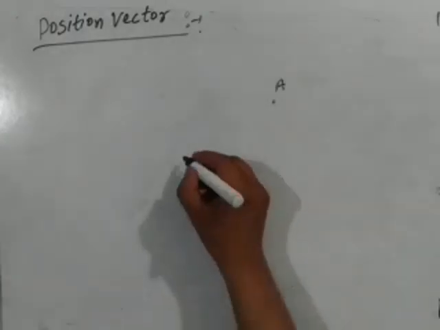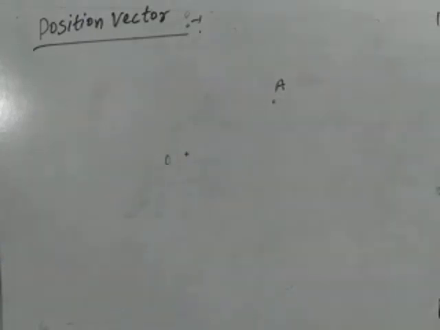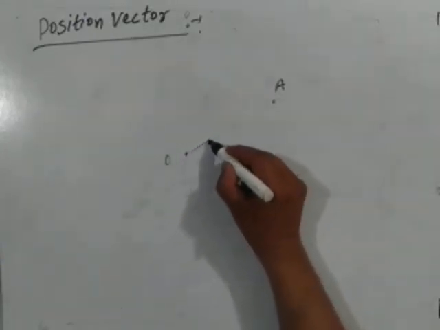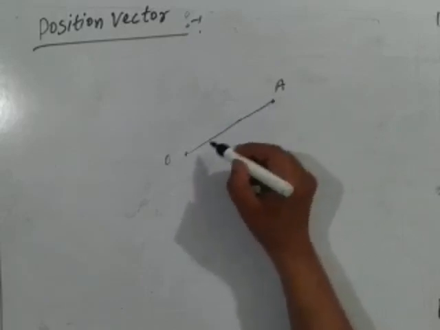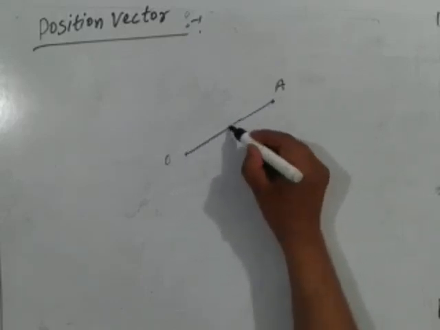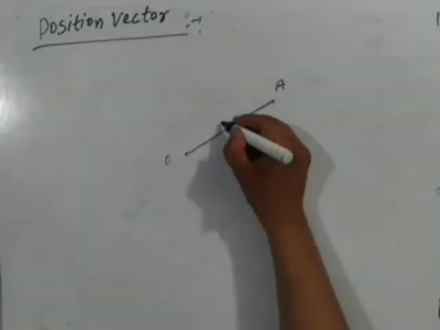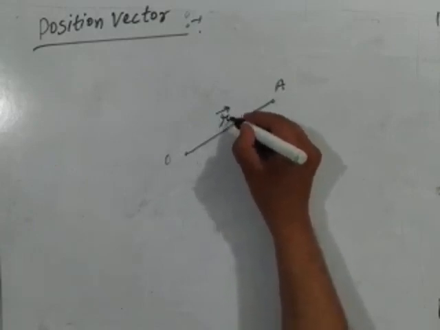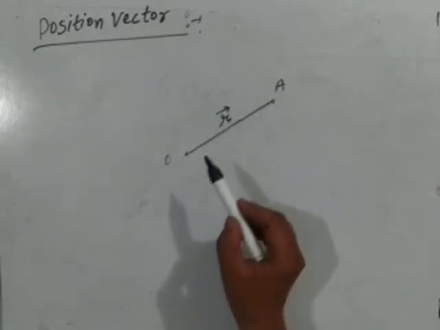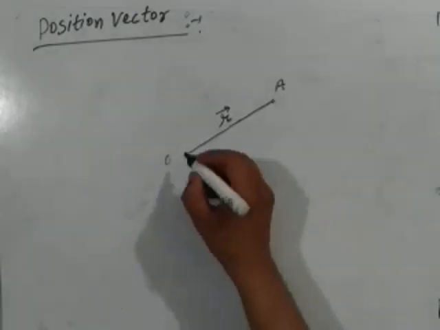Say we have taken this as origin point O. A line joining O to A is called the position vector of A with respect to the origin O.